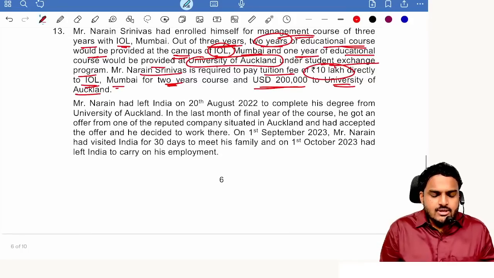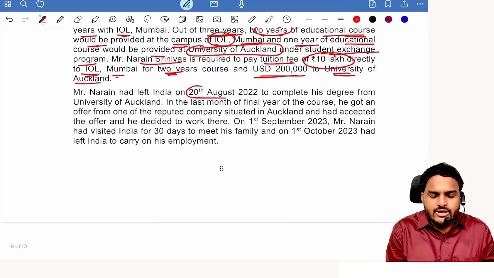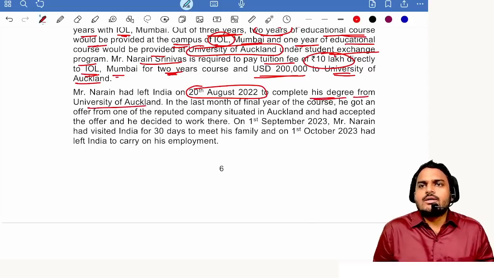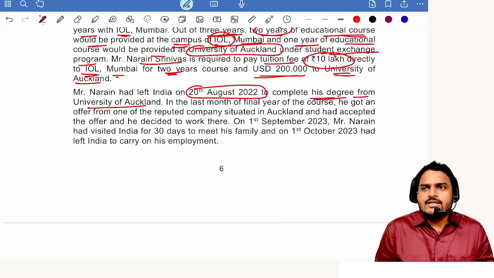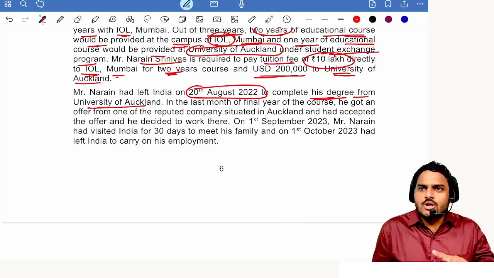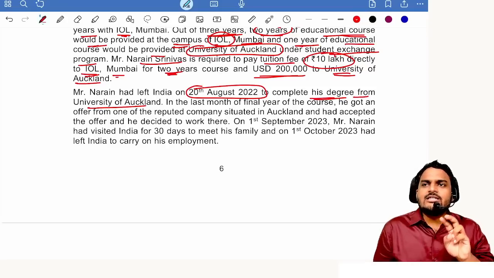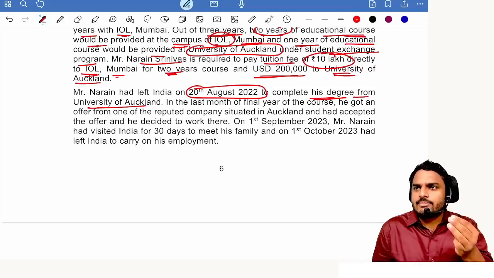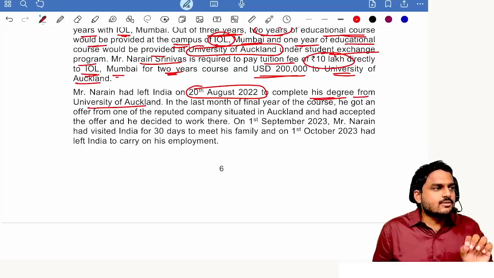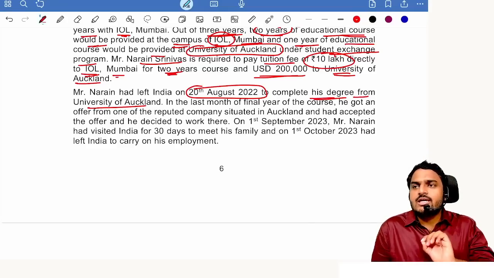Okay. Mr. Srinivas had left India on 20th August 2022 to complete his degree from University of Auckland. So what is the purpose of leaving country? Is it falling under employment? No. Business? No. With an intention to stay abroad outside India for uncertain period? No. But if you observe, it is coming under education. RBI gave a special circular.